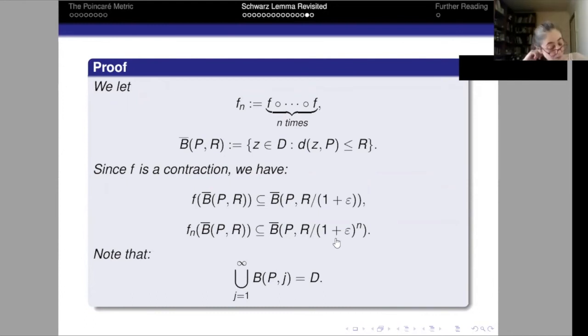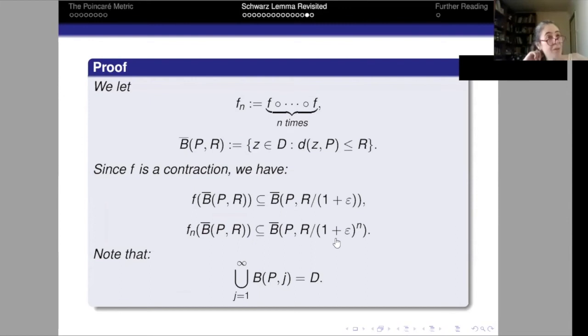And if you take the union of these balls with center P and radius J, where J is a positive integer, you get D itself.